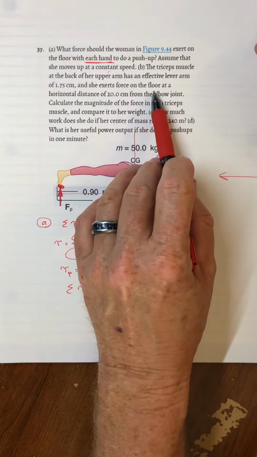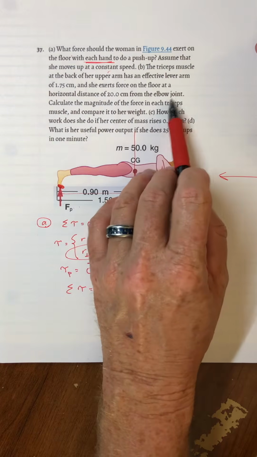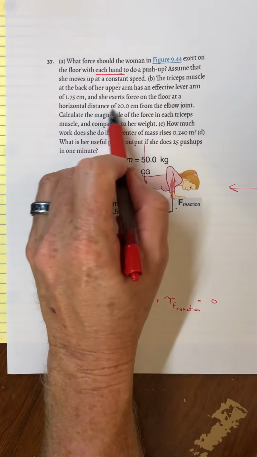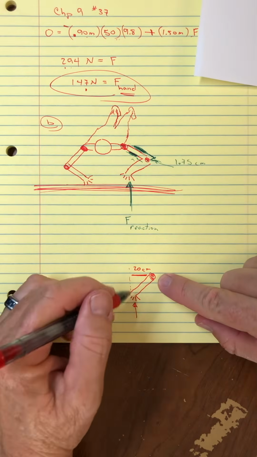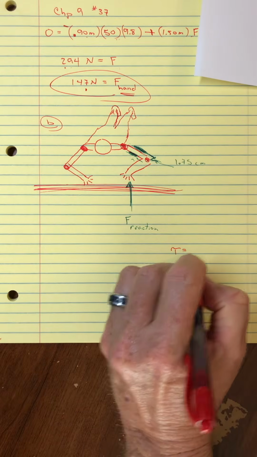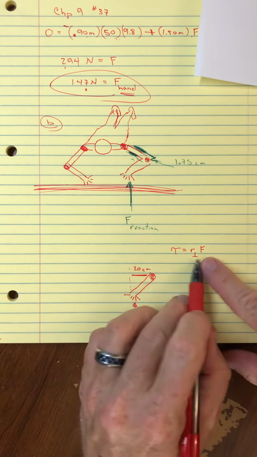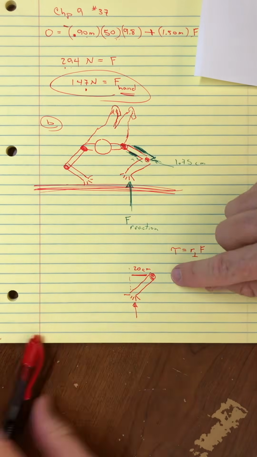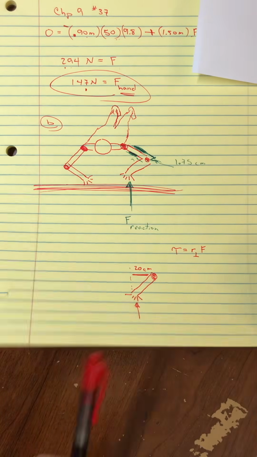She exerts a force on the floor at a horizontal distance of 20 centimeters from the elbow joint. They said a horizontal distance of 20 centimeters. So when you go to calculate the torque, R perpendicular times F, we would be using a 20 here, and this would be tending to move this arm in a clockwise direction.